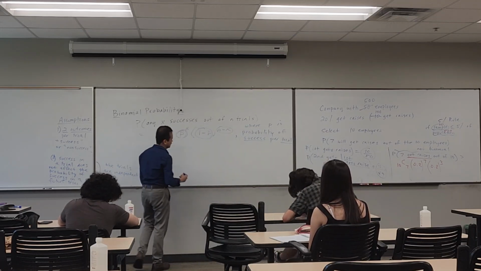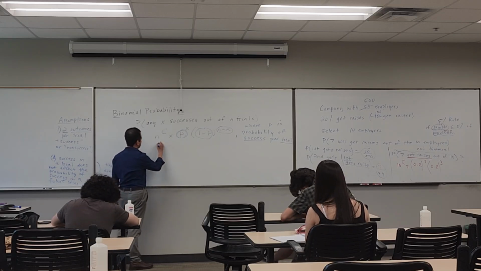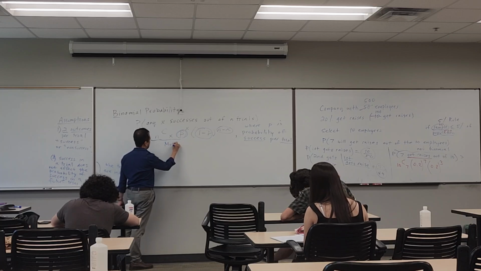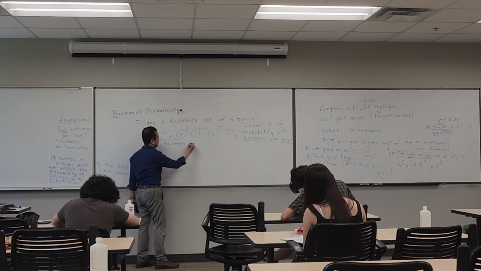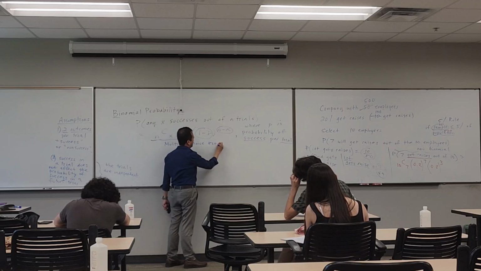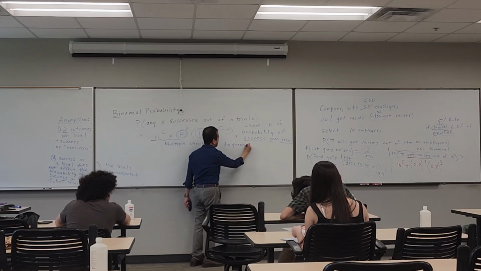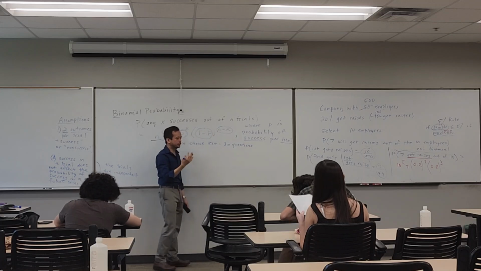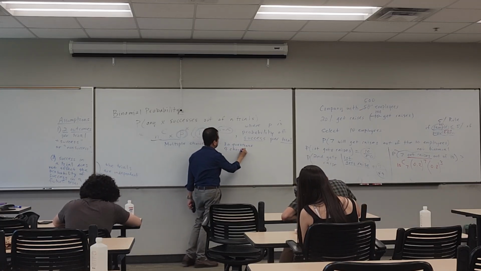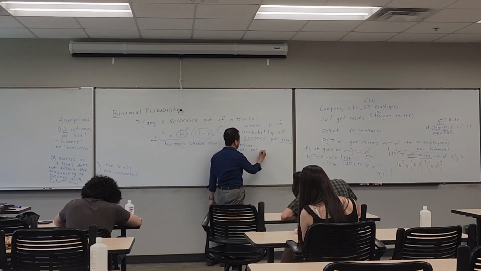Let's say that you take a multiple choice test that is 30 questions. And let's say that you have 4 choices for each question. You could either fill out A, B, C, or D for each question.